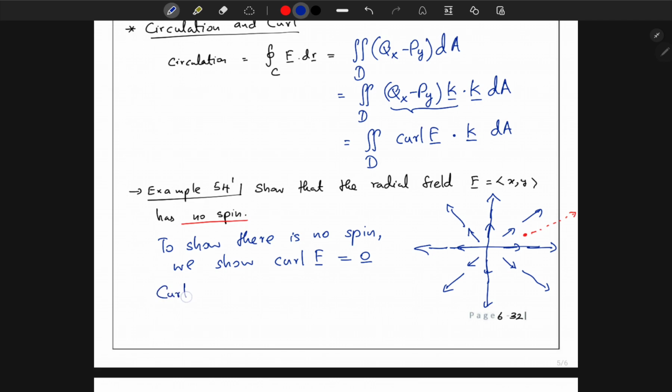Now let's calculate the curl of f. It is q sub x minus p sub y times k. Q sub x, so q is y, p is x. Now the partial derivatives are in fact 0. Q does not depend on x, p does not depend on y. So you get 0 vector. Therefore, the radial field x comma y has no spin in it.